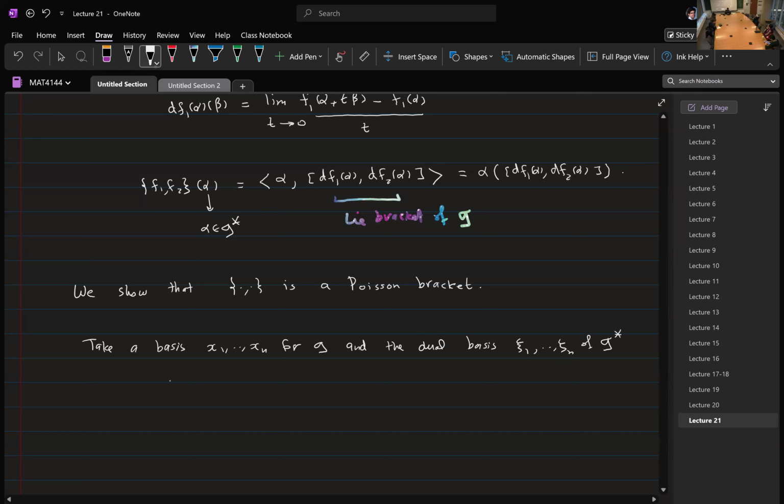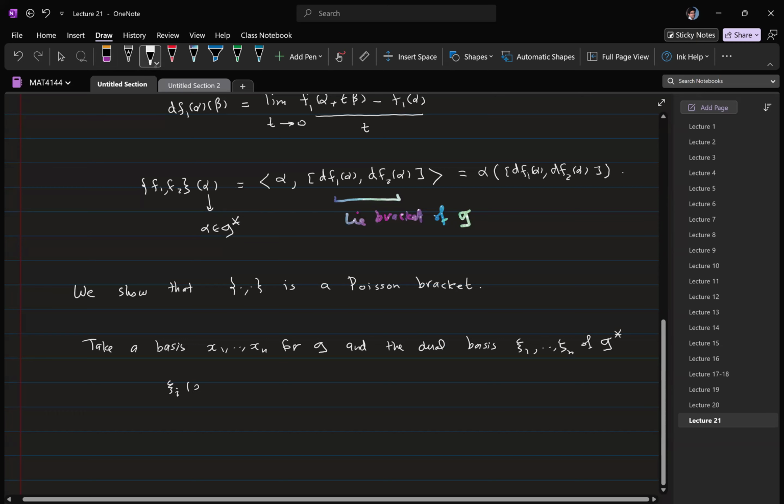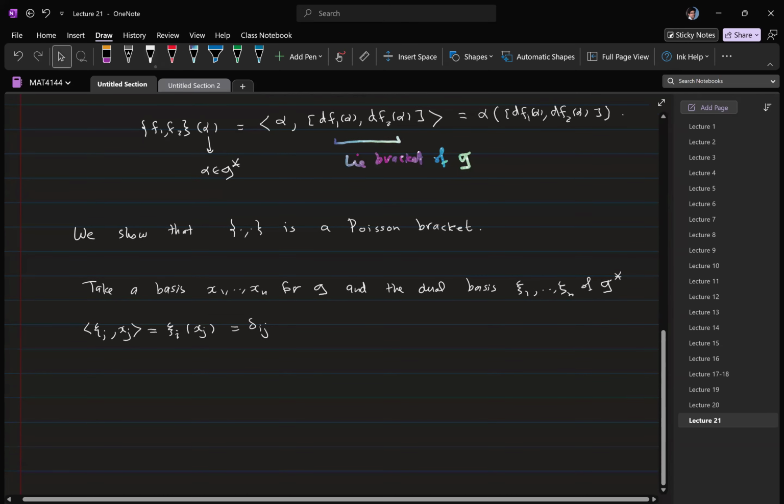So this means that ci of xj is delta ij, which sometimes I might use this notation for the pairing between the ci's and xj's. Okay, that's just a dual basis. This is linear algebra.